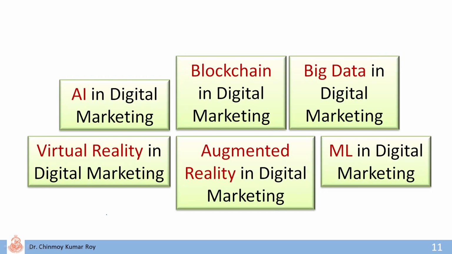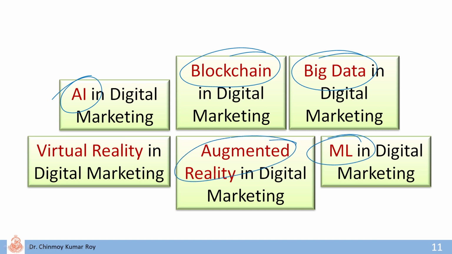So there have been many technological advancements happening, like AI in digital marketing, and blockchain technologies to manage the data and authenticity of data. Big data analytics, the level of data being handled, comes under this technology. Then machine learning, augmented reality and virtual reality, which we have already talked about, where you can actually see the product in natural settings.